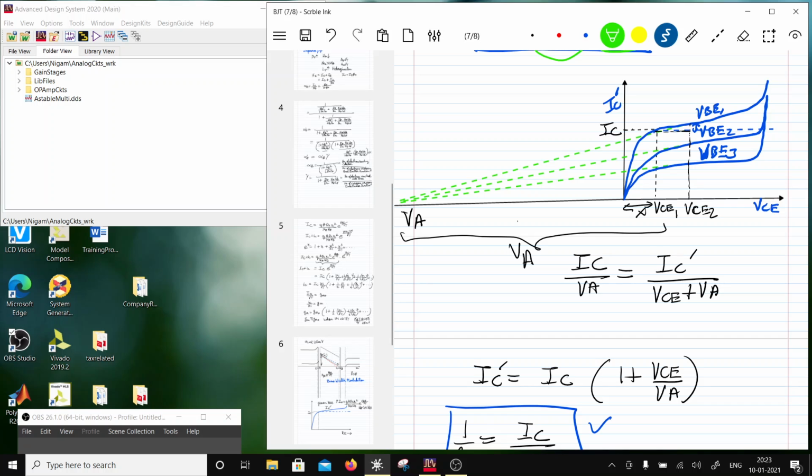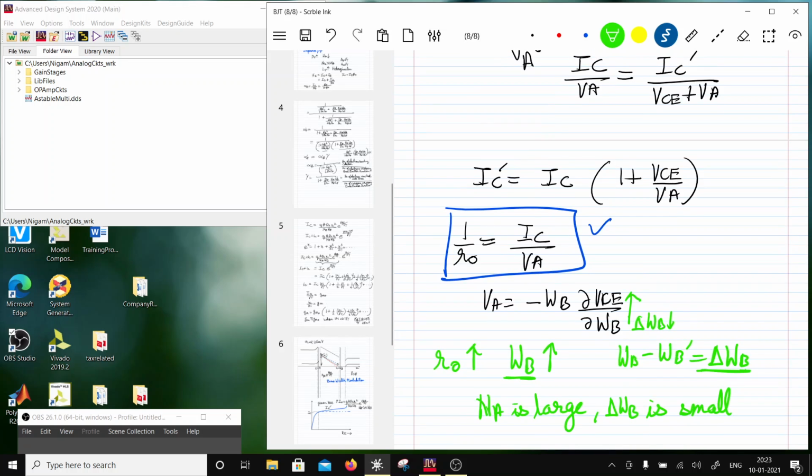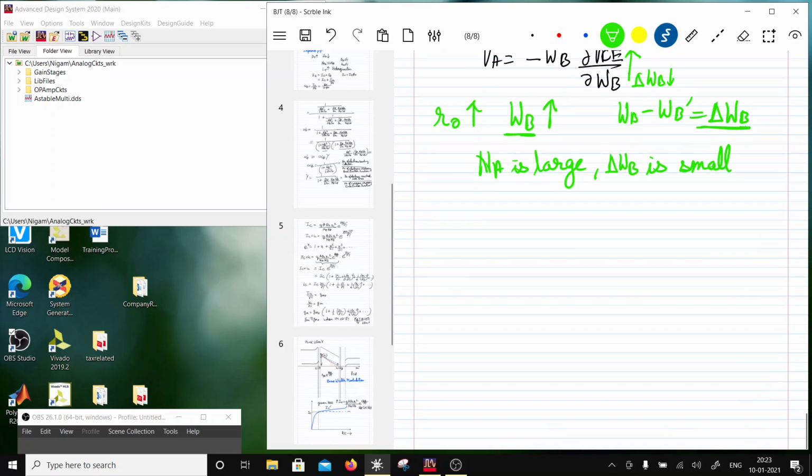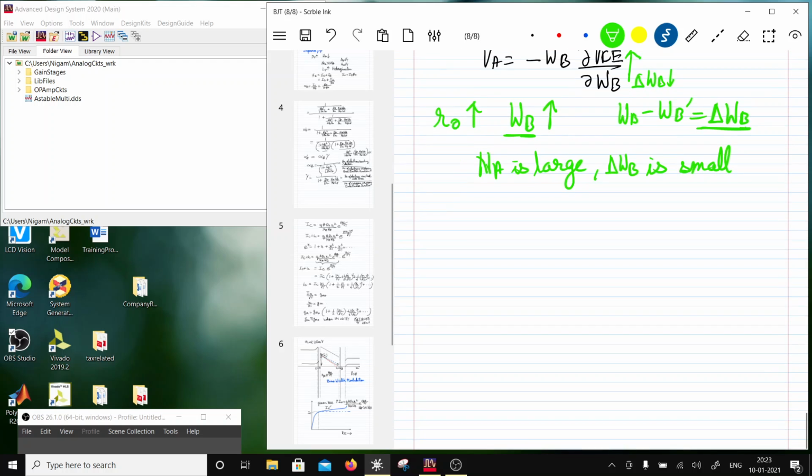If you bias it at lower current densities, RO is IC over VA. So if IC is less, then RO is going to be large. If you bias a bipolar transistor at a lower current, then the output resistance is going to be large. That's the only thing you have here. So this concept is true.